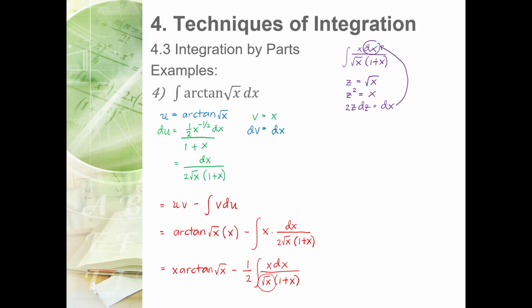So your dx is this term here. Your x parameter is z squared. The square root of x is your z parameter. We can now replace this as the integral of x first, that will be z squared, times 2z dz, divided by the square root of x, that will be z, times 1 plus z squared.